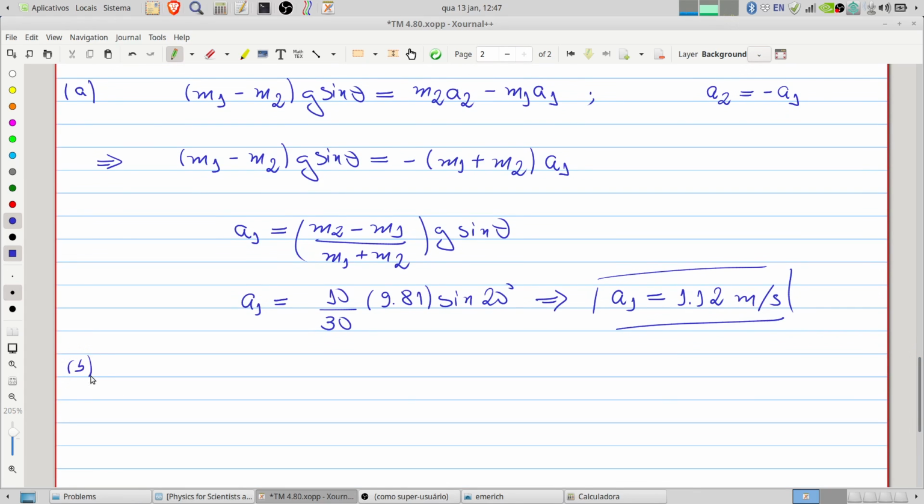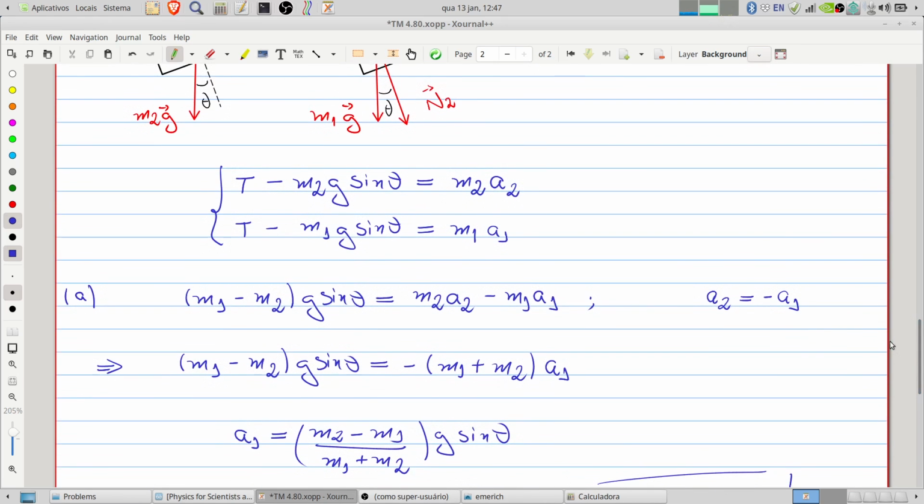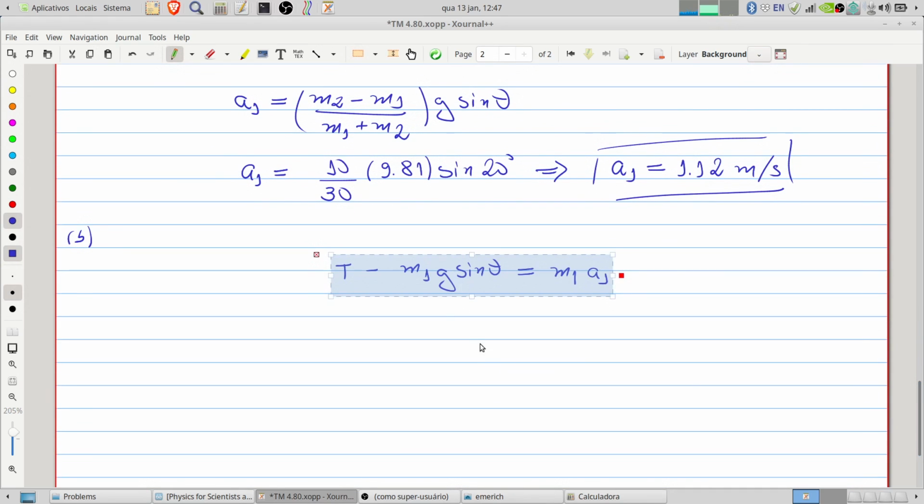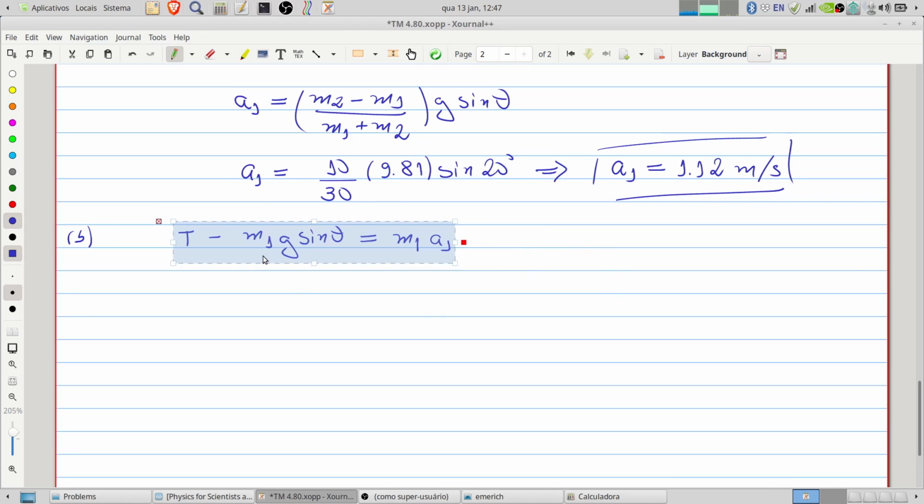And item B is the tension. The tension is easy. We can take one of the equations. Let's take the second equation. Here we have the tension equals, we can put m1 here, and we have g sine of theta plus a1.